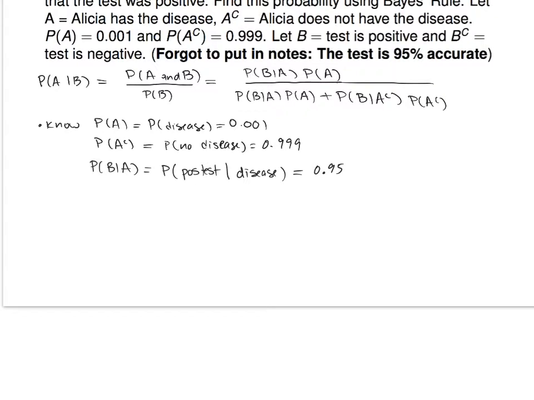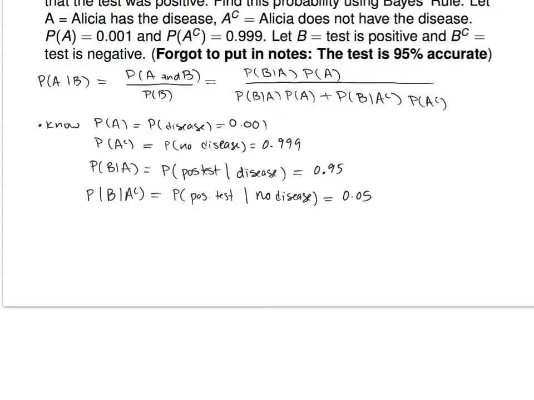Because that's the test being accurate. It tells you the right thing. You have the disease and you get a positive test, right? Okay. P of B given A complement, probability of a positive test given you have no disease. Yeah, 0.05. Good job. Does that make sense why? Yeah, because you either have the disease or you don't, right? When you get a positive test, you're either in this one or that one. This is the opposite of that event.